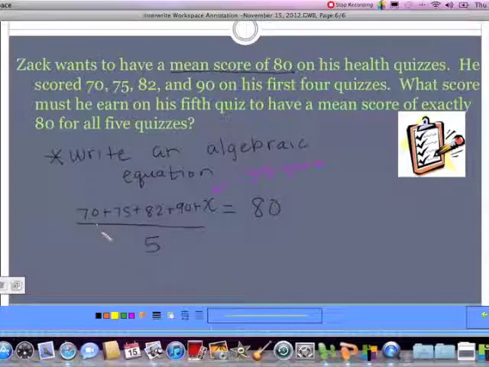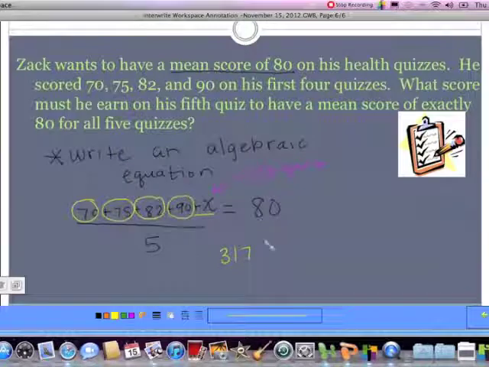Now you simply solve for x using all of the rules about equations that you know. Starting with the numerator, we can combine like terms. We can combine our constants: 70 plus 75 plus 82 plus 90 for a total of 317.